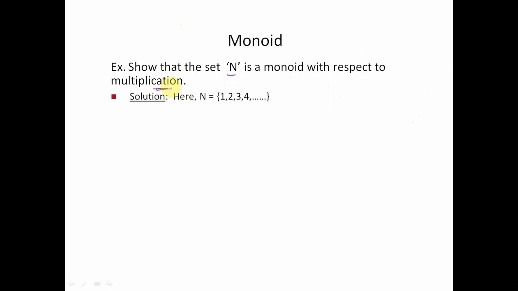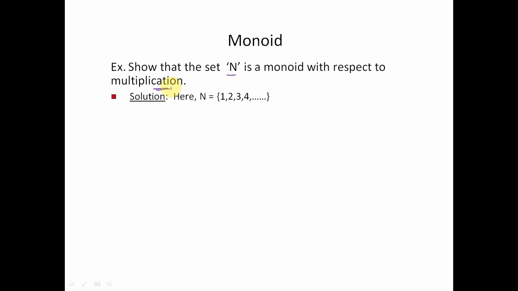Now it means if I want to check whether the set of natural numbers is a monoid with respect to multiplication, what do I need to verify? I need to verify that the operation multiplication is closed on the set of natural numbers, that it is associative on the set of natural numbers, and that there exists an identity element in the set of natural numbers for multiplication.